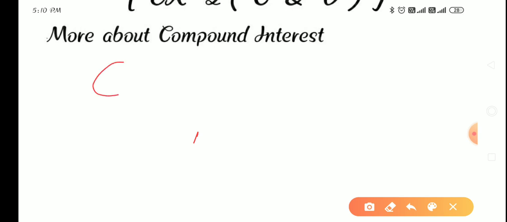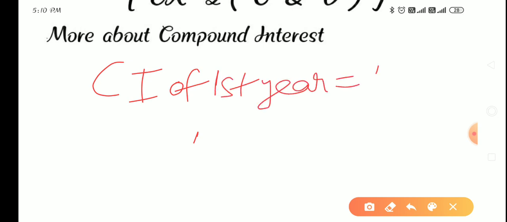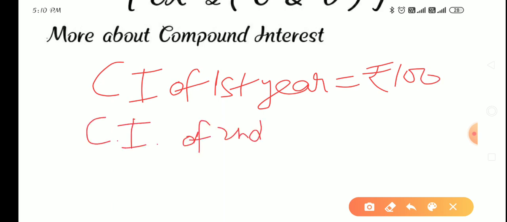Suppose that CI of first year, you are having rupees 100, and CI of second year you are having rupees 110. So you know very well CI of second year is more than CI of first year, and CI of third year is more than CI of second year.